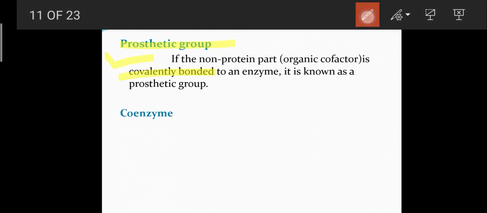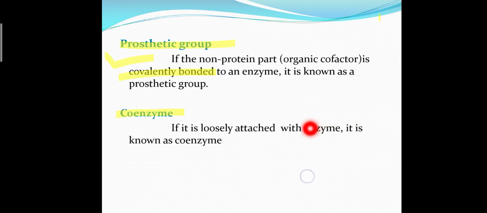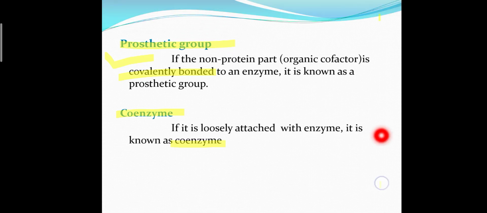What is a coenzyme? If the non-protein part or organic cofactor is loosely attached to the enzyme, it is known as a coenzyme. So if it is covalently bonded, it is known as a prosthetic group, but if it is loosely attached to the enzyme, it is known as a coenzyme.